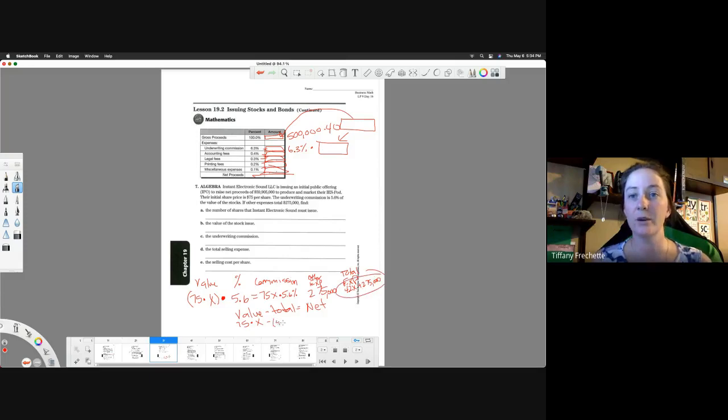So minus 4.2x plus 275,000. And I'm putting this in parentheses because the minus is actually going to affect both pieces. It's minus the total selling expenses, not just minus 4.2x. It's minus both things. And that's going to equal my net proceeds, which they already told me what they're aiming for. We know that. I'm just reading the problem there.